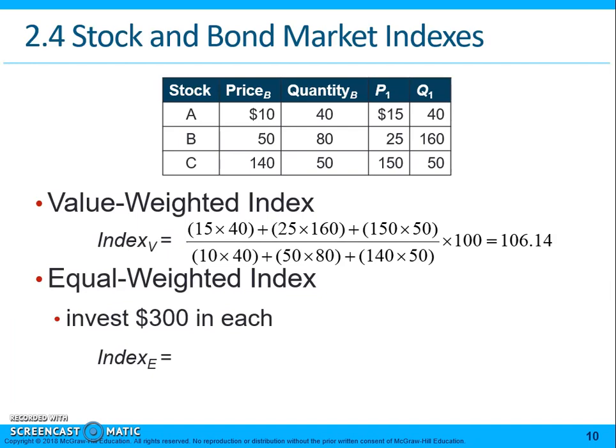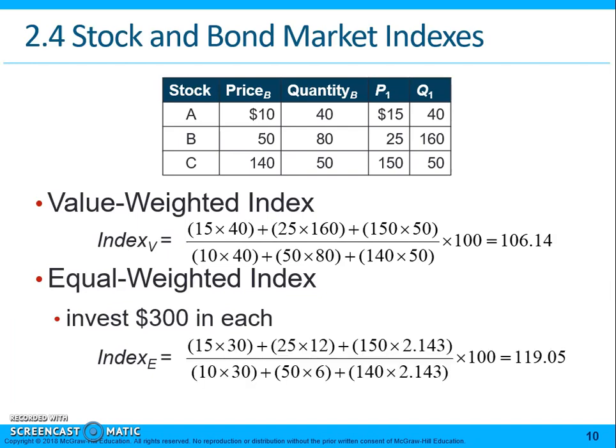We start out with our beginning values down here, equal to $300. We're going to buy 30 shares of stock A, so 10 times 30 equals 300. We're going to buy 6 shares of stock B, 50 times 6. Then we're going to buy 2.13 shares of stock C.